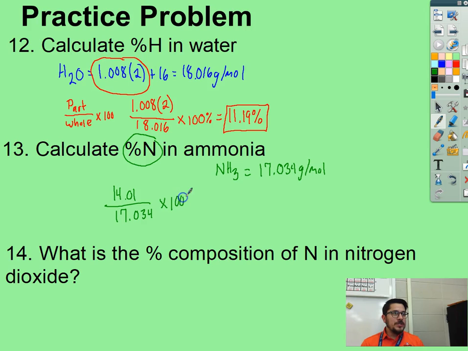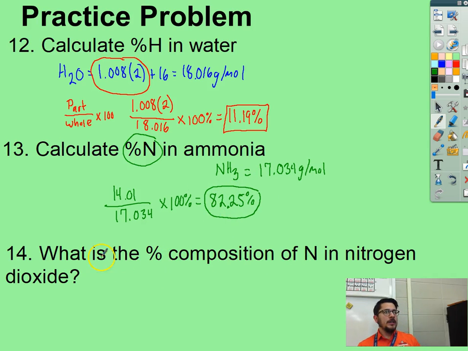I'm looking for a percent, so times 100%, and it is equal to 82.25%. So in that molecule, nitrogen is 82% of that molecule, a very large percentage.